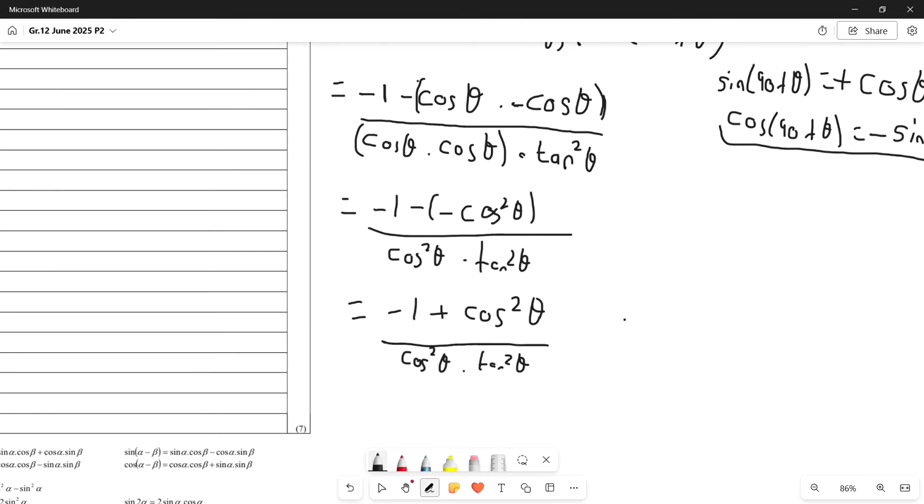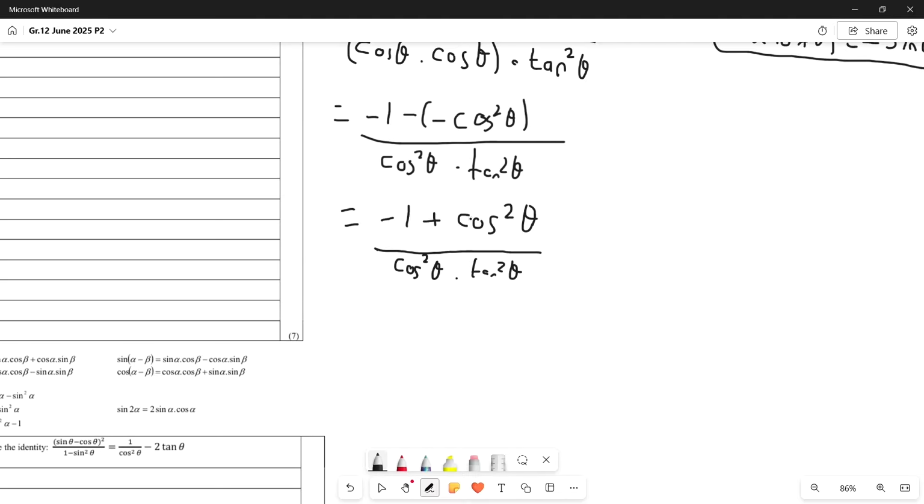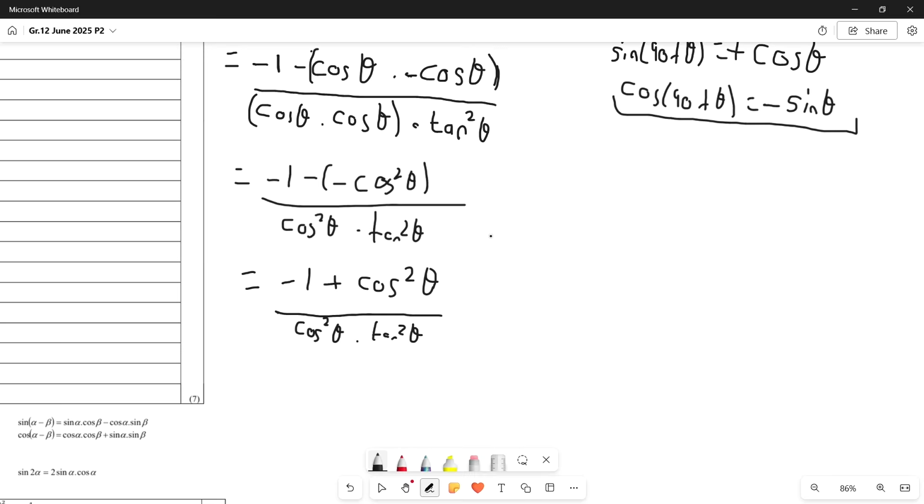And then at this stage, we need to see how we can simplify this further, because this -1 plus cos squared theta looks very similar to a manipulation of our grade 11 identity, where we have sine squared theta plus cos squared theta equals 1. And once we take something over, for example, sine squared theta equals 1 minus cos squared theta, this guy is +1 and a negative cos, but here we have a -1 and a positive cos.